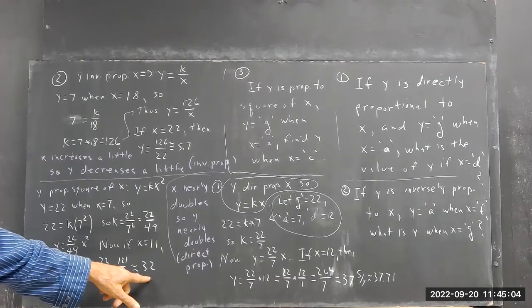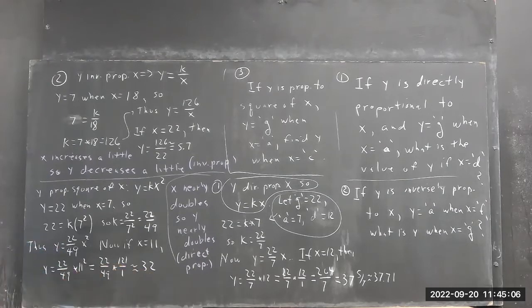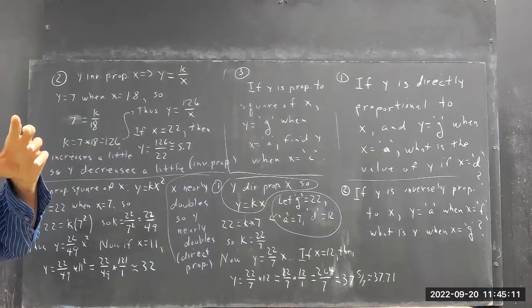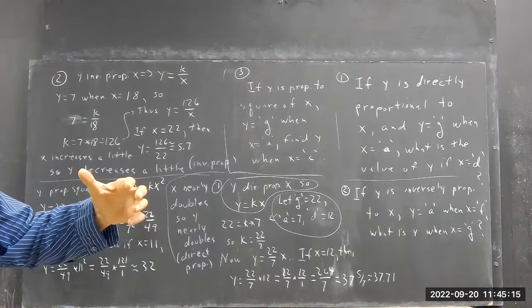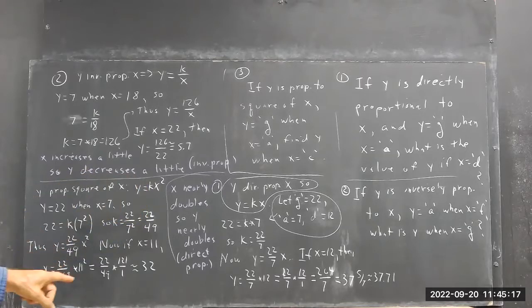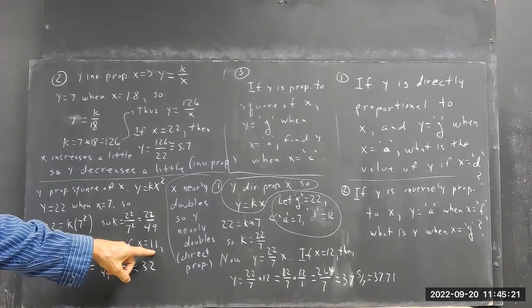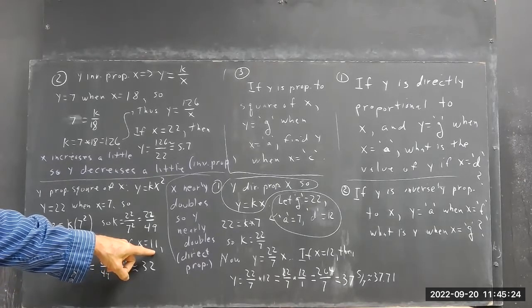Is that right now? We expect y to be more than double, but less than triple. Okay. Well, if you double 22, you get 44.